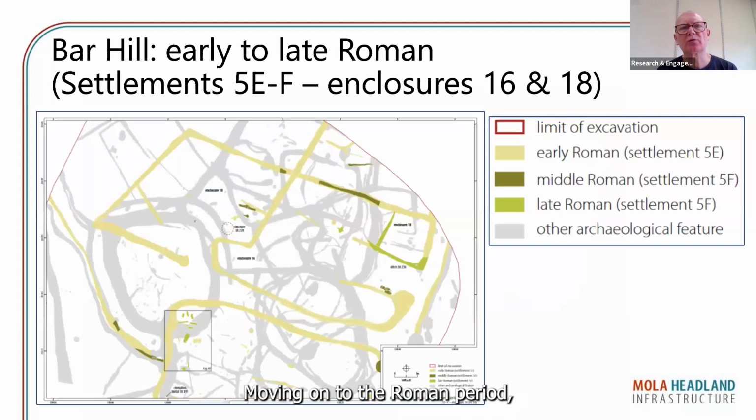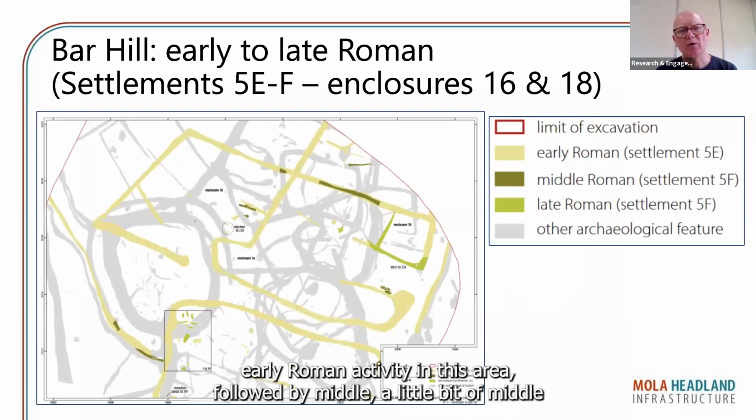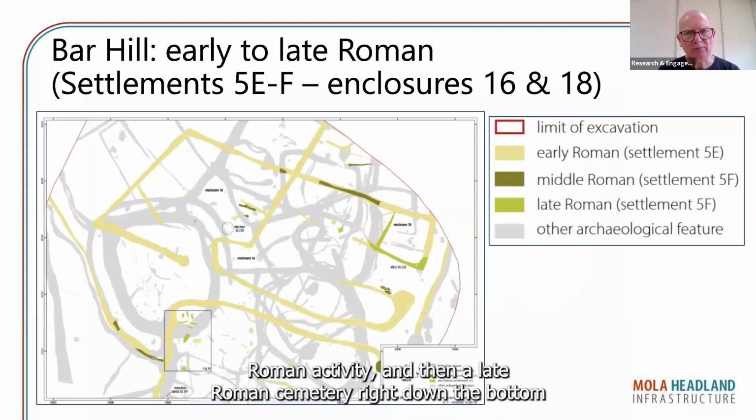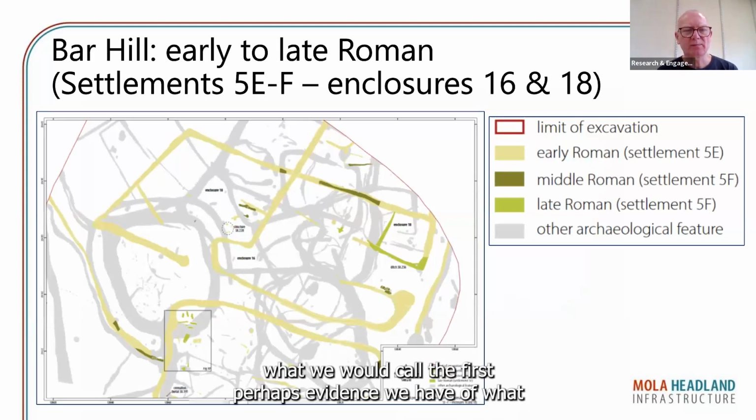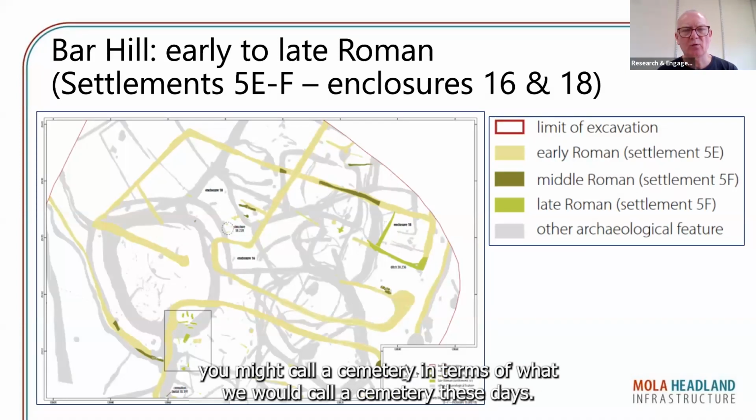Okay, moving on to the Roman period. We're again looking at Bar Hill, the same area, TEA 38, and we can see that there's mostly early Roman activity in this area, followed by a little bit of Middle Roman activity, and then a late Roman cemetery right down the bottom, containing what we would call the first perhaps evidence we have of what you might call a cemetery in terms of what we would call a cemetery these days.